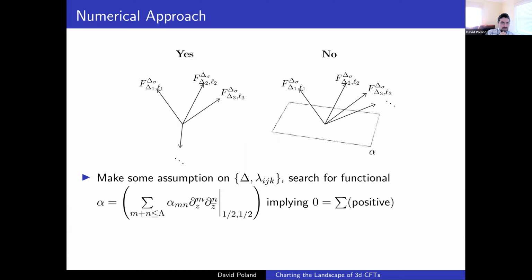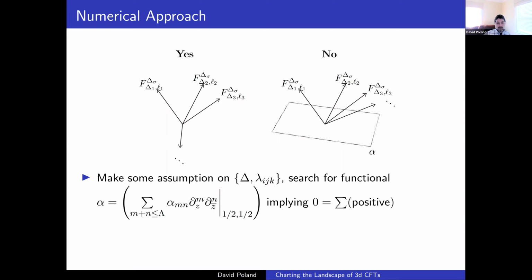And so the basic numerical approach is you make some assumption about the spectrum, and then you ask, is it possible to find a separating plane that puts all the vectors to one side of it? And if you can find such a plane, then it's not possible to solve the crossing equation with positive coefficients.